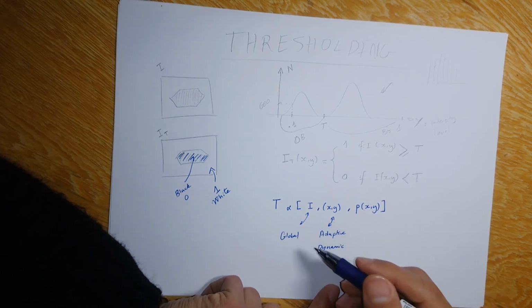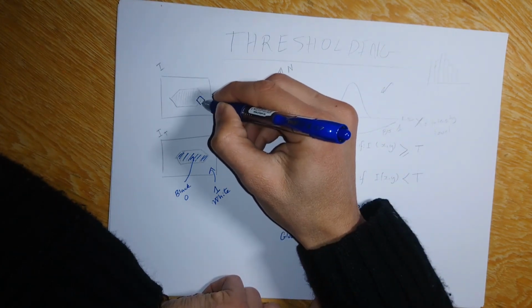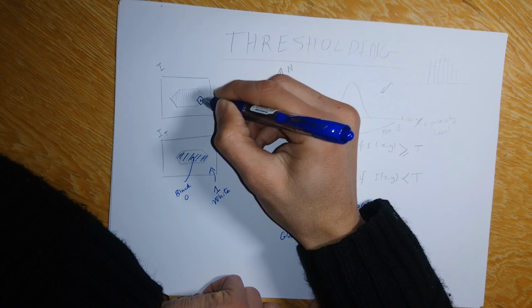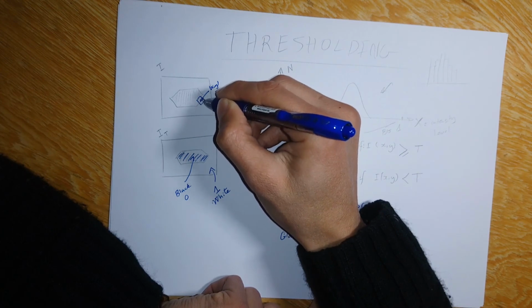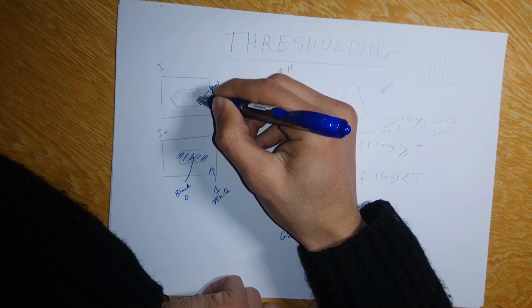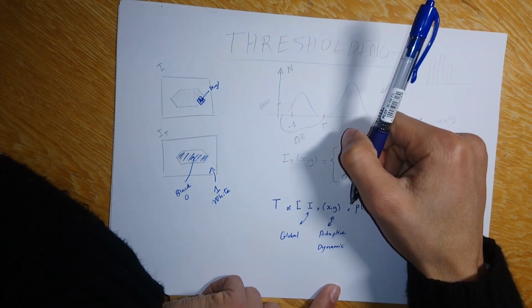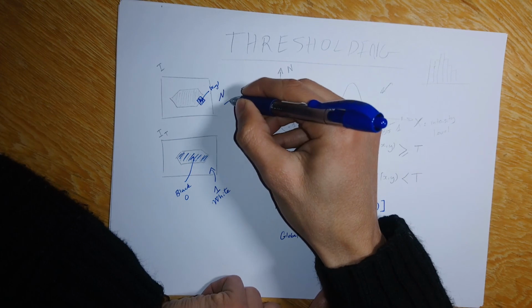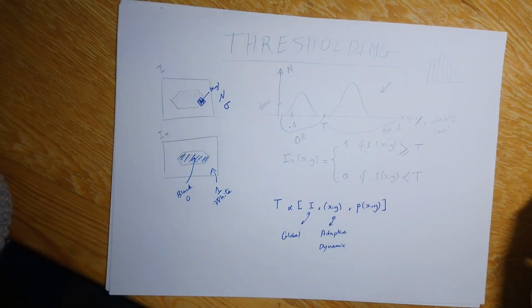For example, you can take this region here. This is the pixel or the coordinate of the pixel xy I'm considering, and I'm considering the neighborhood here. And what I'm considering in that neighborhood is just some given properties, something like the mean or the standard deviation or any other metric. And this is basically how we do thresholding.